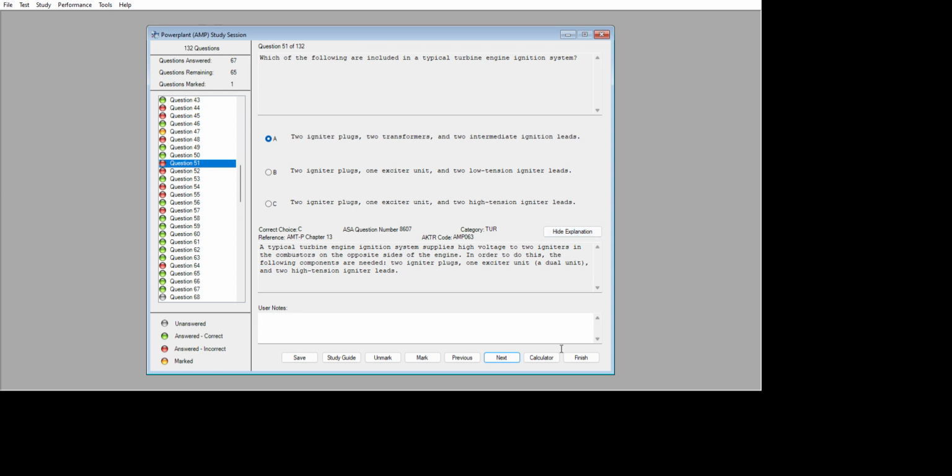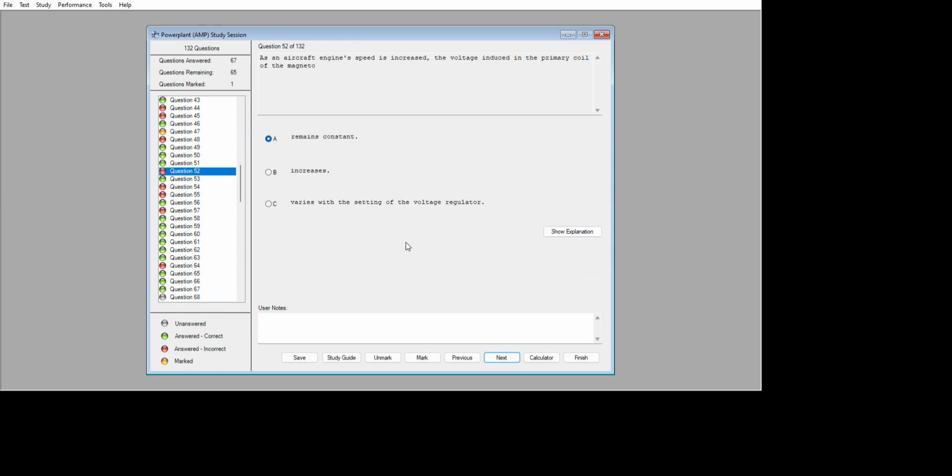Two igniter plugs, one exciter unit, and two high tension igniter leads.